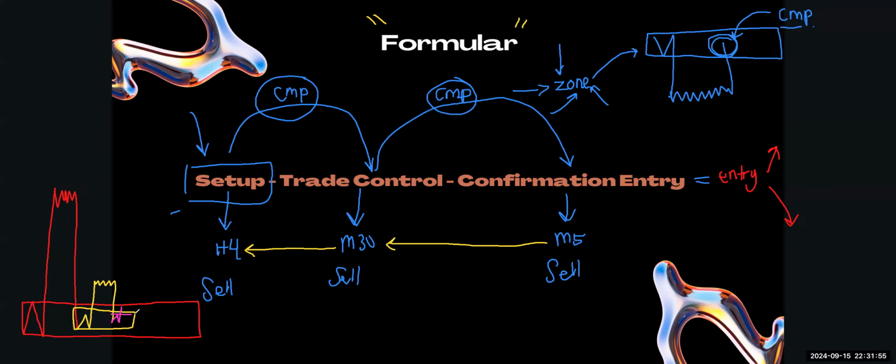If we have a 5-minute confirmation there, boom, it goes up. This is how the price is going to respect our 4-hour buy zone and 30-minute buy zone.